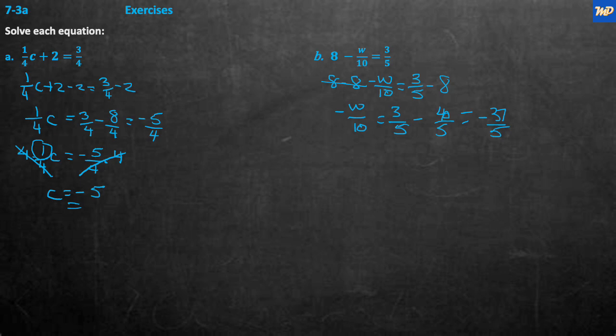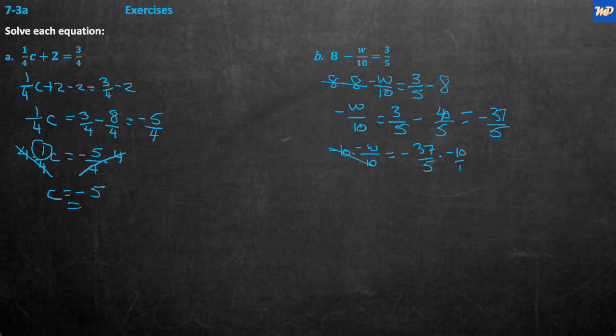Okay? So now we have to get rid of the negative 1/10 on this side. In order to do that, we multiply by the reciprocal, the multiplicative inverse, but we're going to use the negative sign with it. So minus 10 times minus W over 10 is equal to minus 37 over 5 times minus 10 over 1.